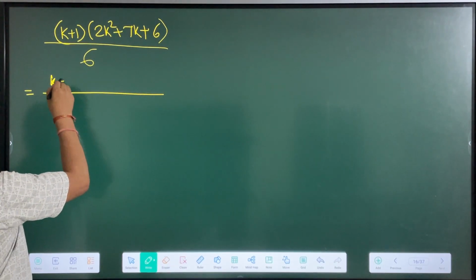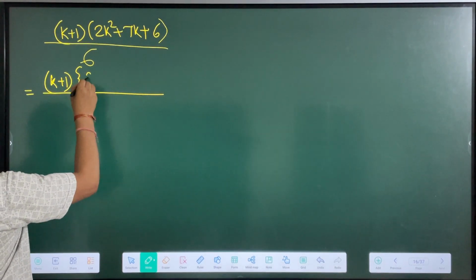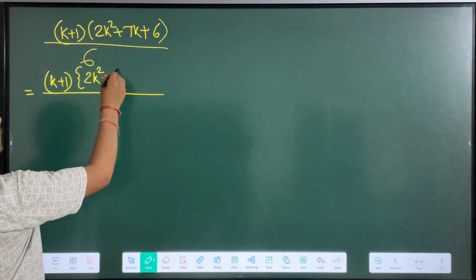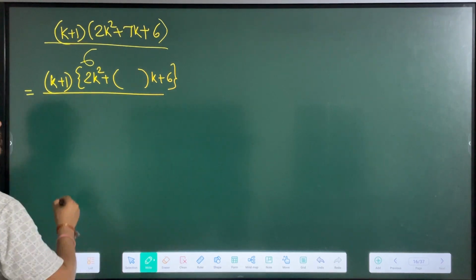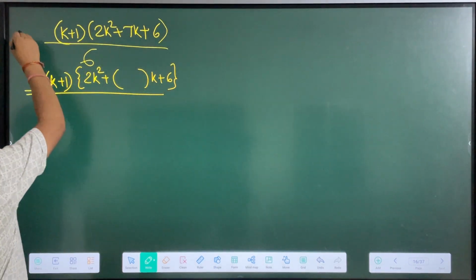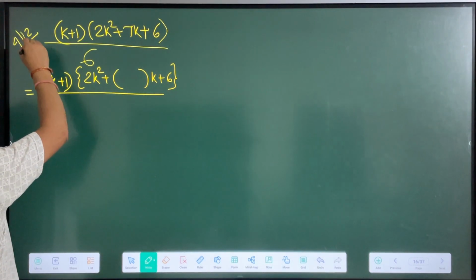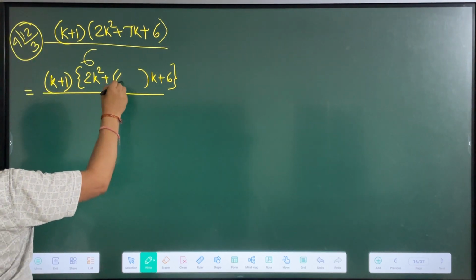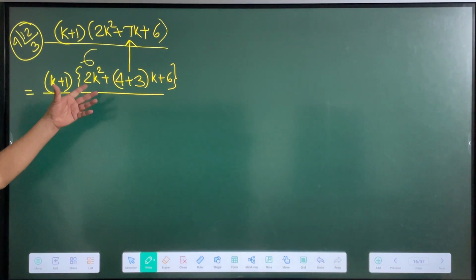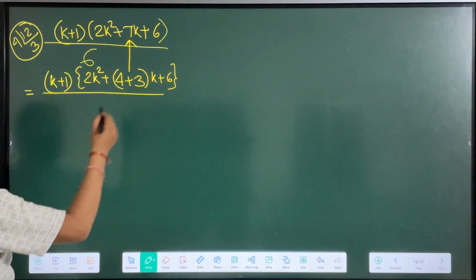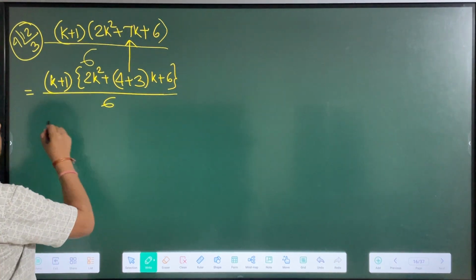All of you know it, still I will repeat. This is the technique of splitting the middle term: 2 into 6 is 12, and 4 threes are 12, and 4 plus 3 is 7. That is middle term factorization. I have explained it shortly. If you forget, you can see that.